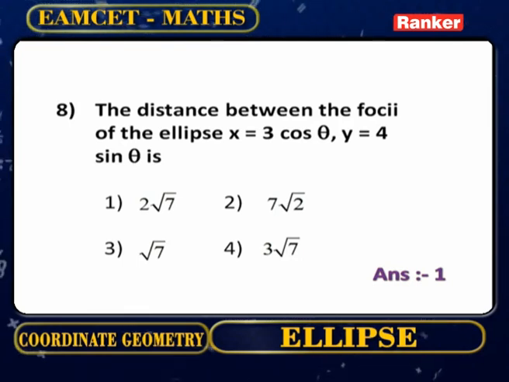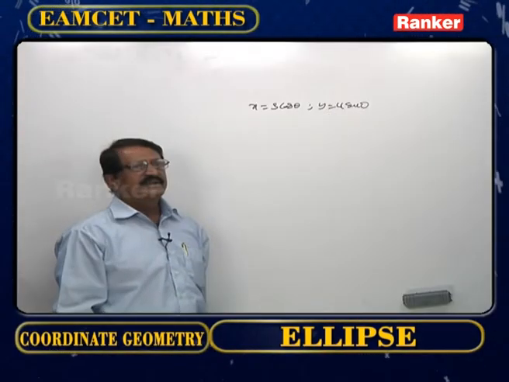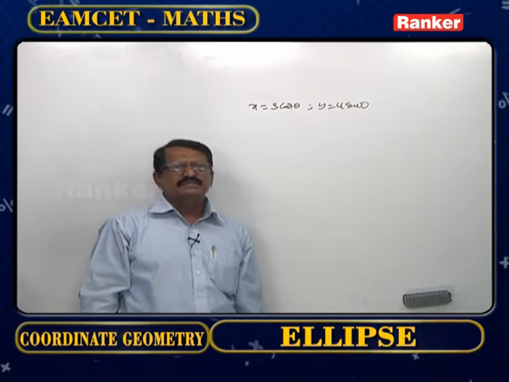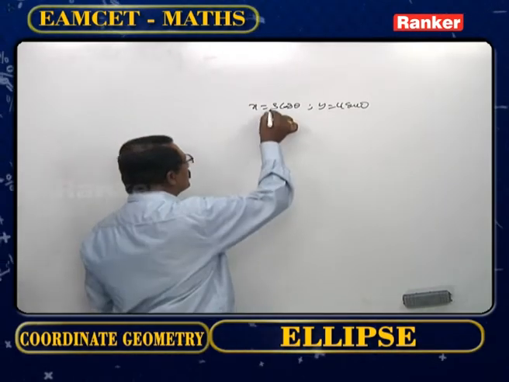Find the distance between the foci of the ellipse x equals 3 cos theta, y equals 4 sin theta. First, eliminate theta from these two equations to get the required ellipse.